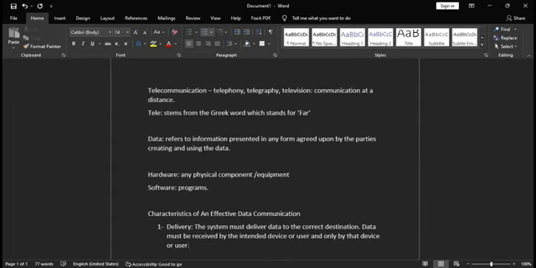If it is not, then you don't have an effective data communication. So this is the first characteristic you have to look for. The second thing you have is accuracy.